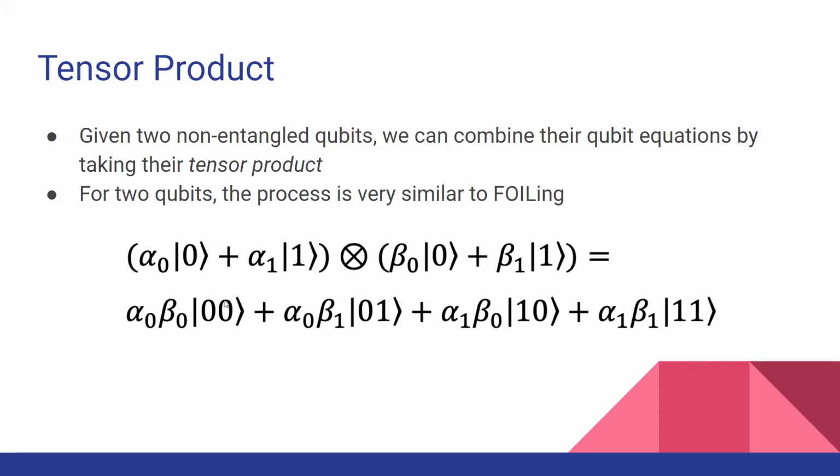And so we can see here, we take the first, it's going to be alpha 0 times beta 0. And then notice we also combine the states, so it's 0 and 0, so 0, 0. And then alpha 0, beta 1, and then we combine their states, 0 and 1. Alpha 1, beta 0, which we combine these states, we get 1, 0. Finally, alpha 1, beta 1, we combine the states to get 1, 1.